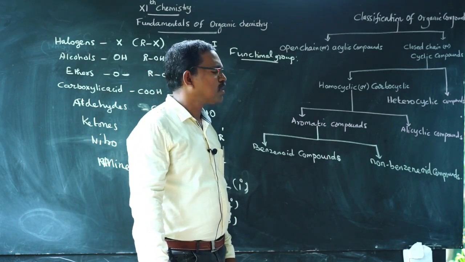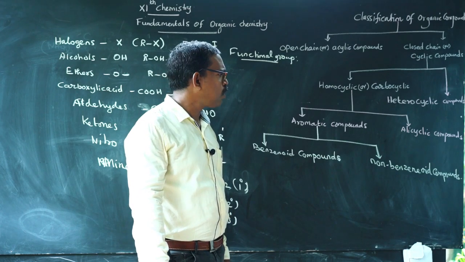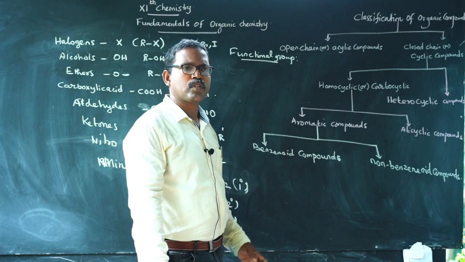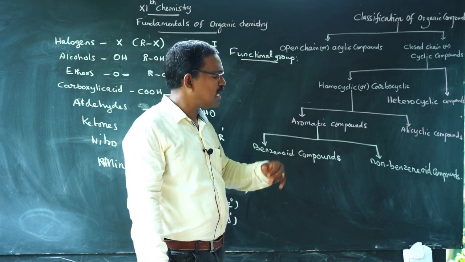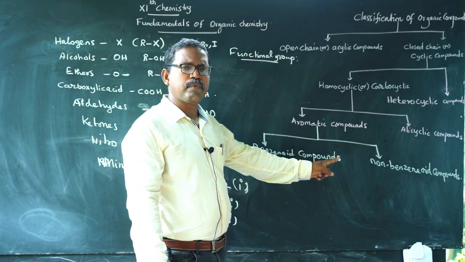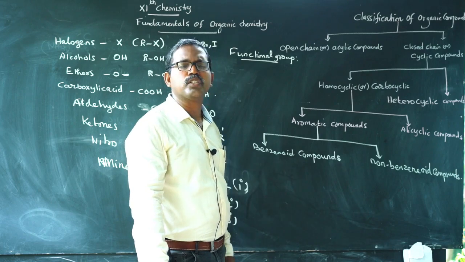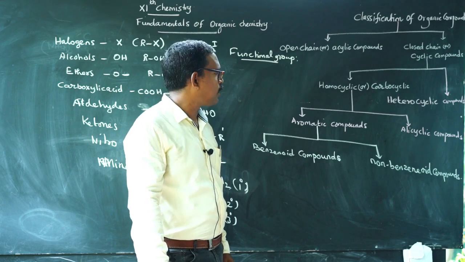Non-benzenoid compounds do not have a benzene ring, but are in a closed chain, with more than 6 or 8 carbon atoms in the ring. The important example is azulene.